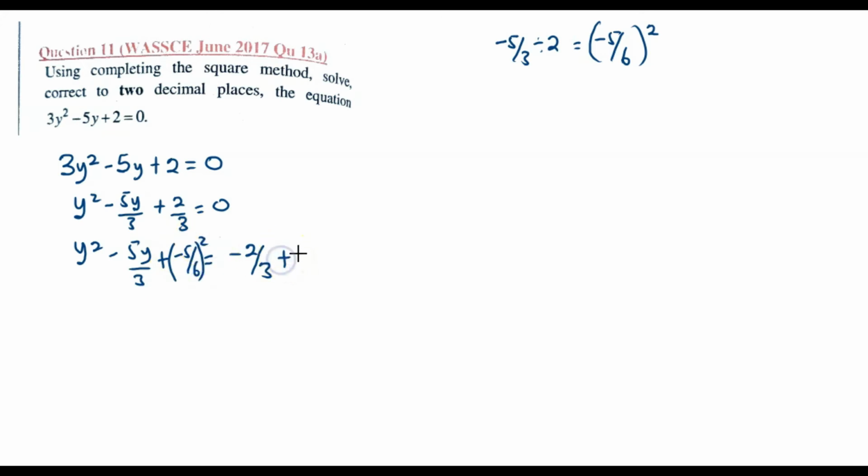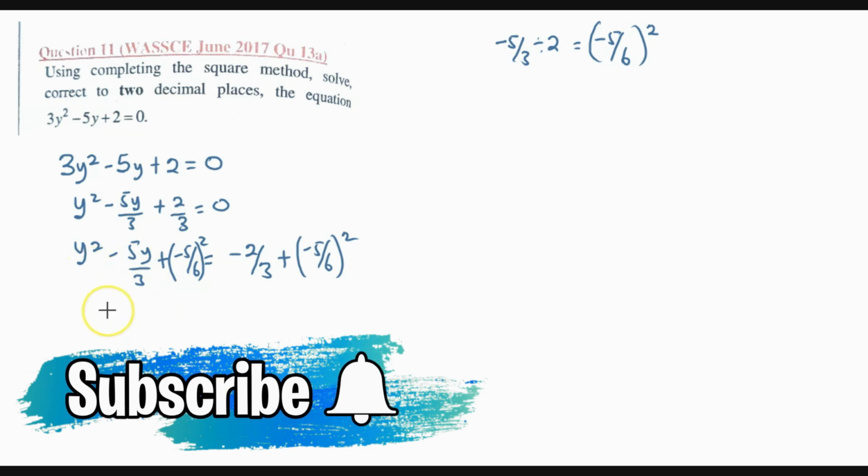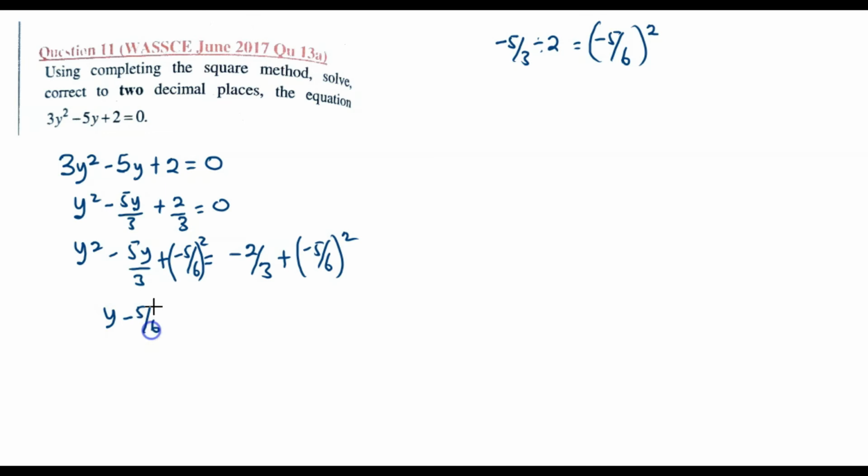Then on the right hand side too, we have plus negative 5 on 6, all squared. Automatically, that operation has made the left hand side a perfect square. So we write the factors for that perfect square, which is y minus 5 on 6 all squared equal to, then we simplify the right hand side, giving us negative 2 on 3 plus 25 on 36.